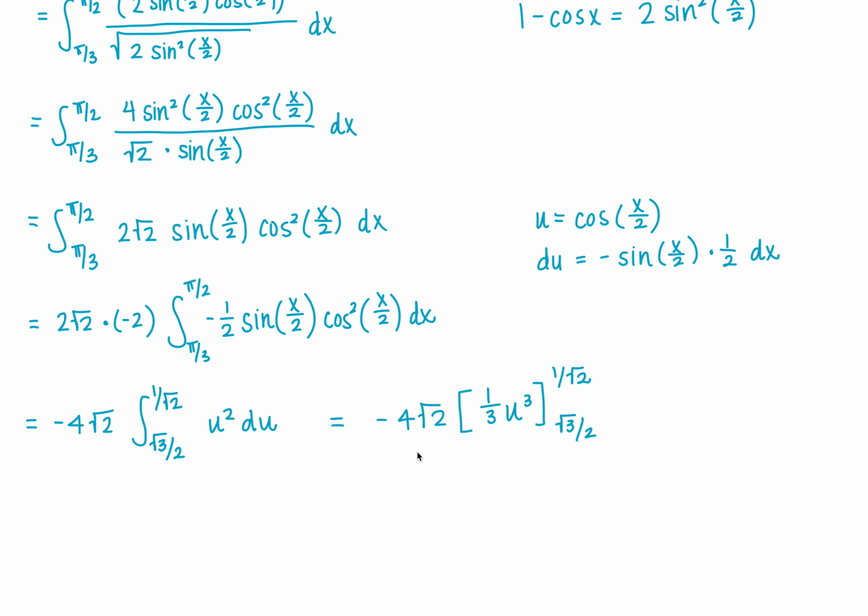If I bring the 1/3 here in front, I've got -4 times the square root of 2 over 3. Cubing 1 over the square root of 2 leaves me with 1 over 2 times the square root of 2 minus. When I cube the square root of 3 over 2, I get 3 times the square root of 3 over 8.